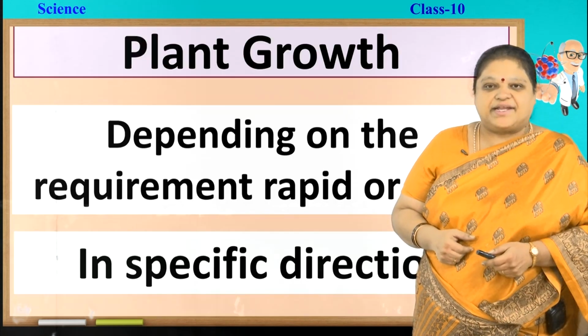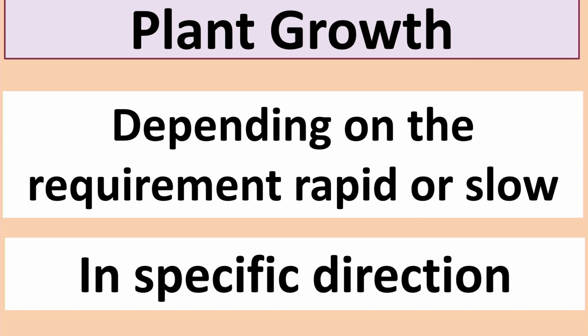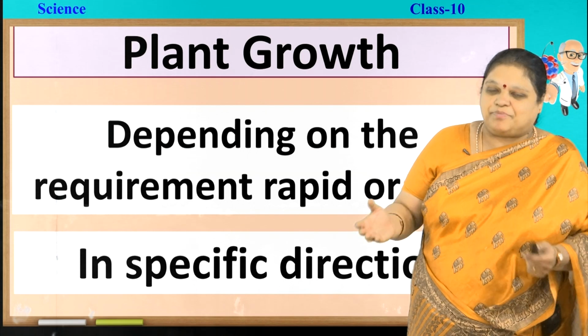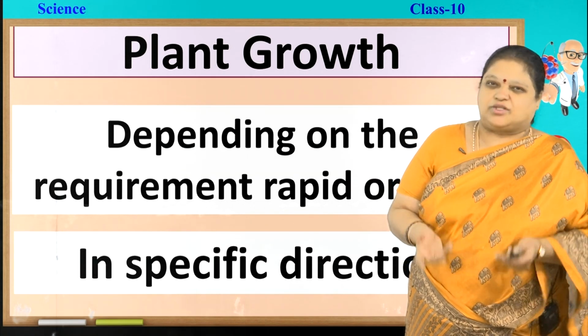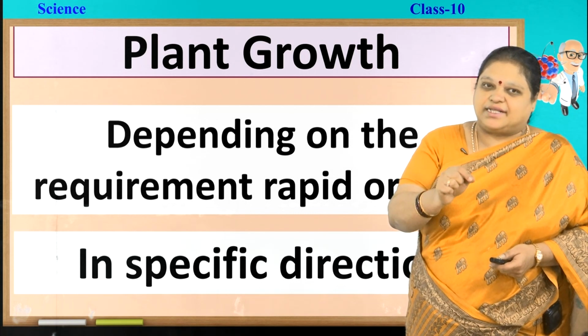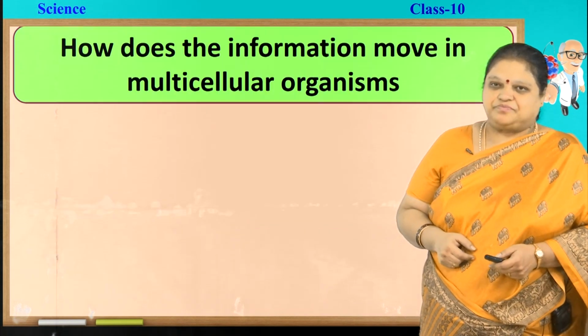What about very slow? That is growth. Plant growth, depending on the requirement, may be rapid or slow, and it may be in a specific direction. In some places there may be lots of growth, in some places growth is not needed. So, it is very specific.